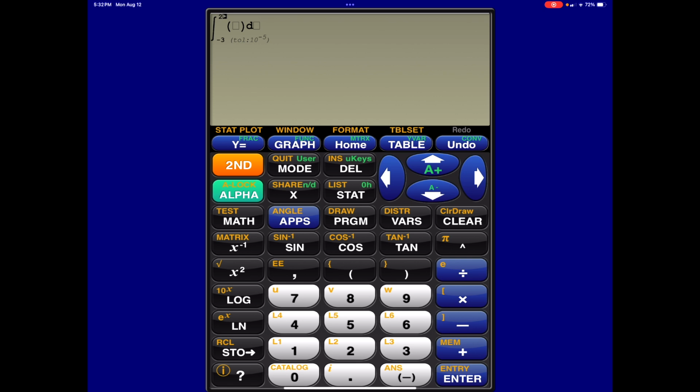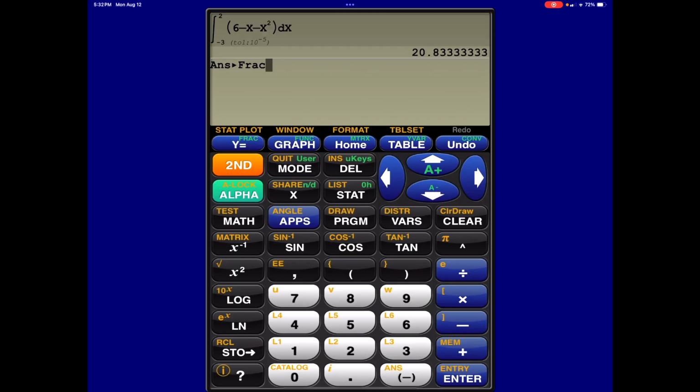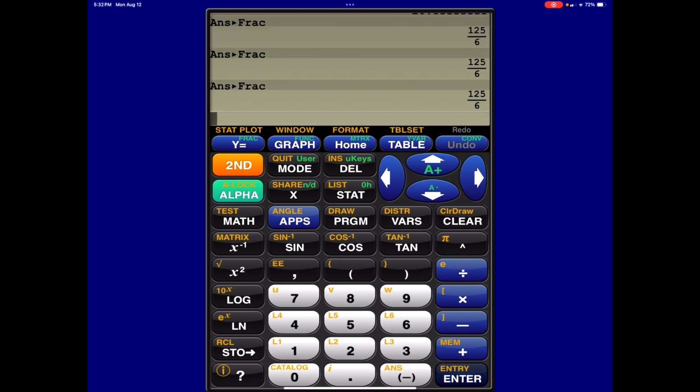And then we had 6 minus x squared, and that's with respect to x. And enter. Now, if you want to change something to a fraction, you just hit answer fraction. It'll go to answer fraction, and we get 125 over 6.